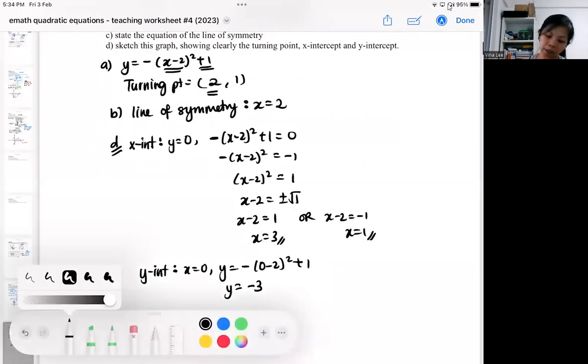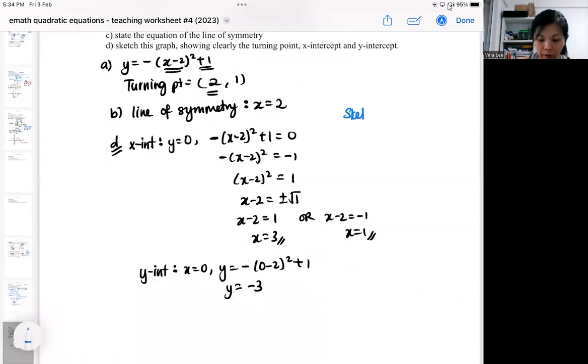Okay, let's do a checklist first. Do you have the turning point? Do you have the x-intercept? Do you have the y-intercept?